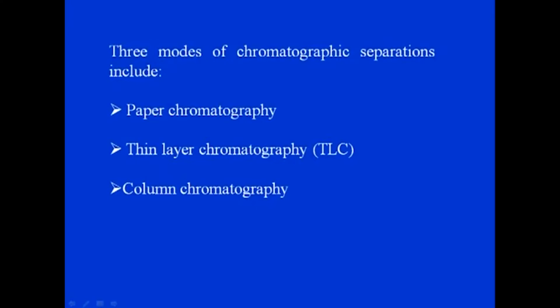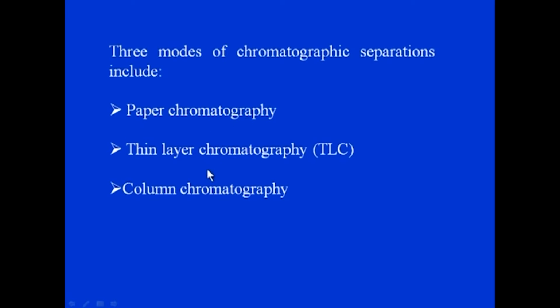Now, there are essentially two modes of chromatographic separations. Paper chromatography could be one mode, but it has been largely replaced by thin layer chromatography. Paper chromatography and thin layer chromatography come under planar chromatography, as the chromatographic material or bed where the separation takes place is present on a planar surface.